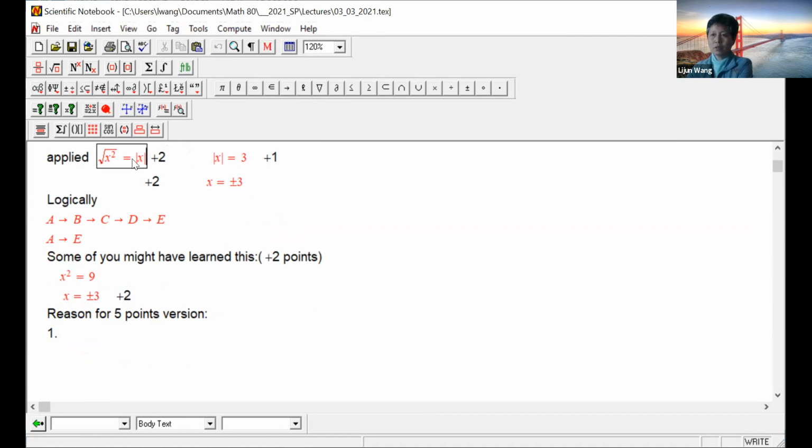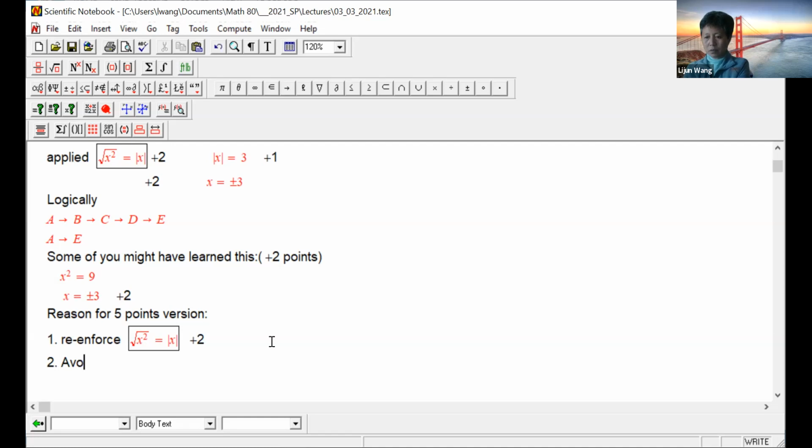Number one, reinforcing this. This is the number one common mistake at a college level across national boundaries. So to reinforce this and credit you for doing the right thing is important for me. So I give extra 2 points to reinforce this, as a reward.